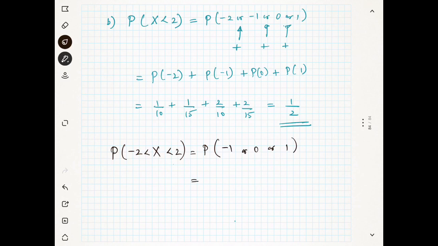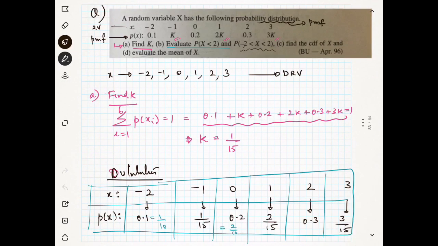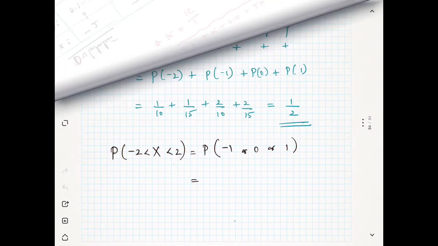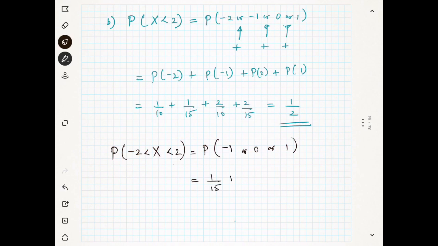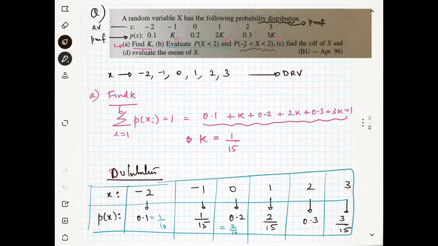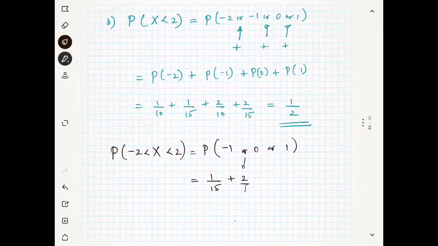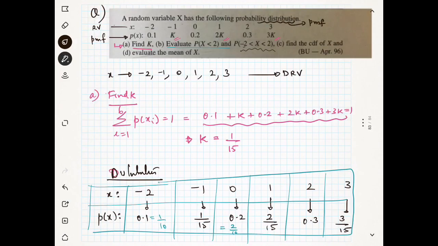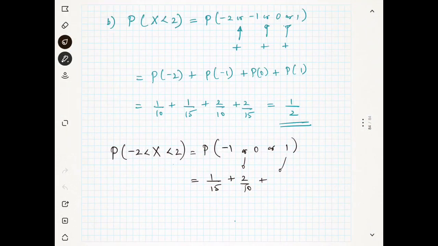So what is the probability of -1? The probability of -1 is 1 over 15 from the table. It's 1 over 15 plus, I told you whenever you have or, it is nothing but plus. Or 0, the probability of 0 is 0.2, that means 2 over 10, plus, again, the probability of 1 is 2 by 15, right? If you add all these things, you will get 2 by 5. So that's about part B.